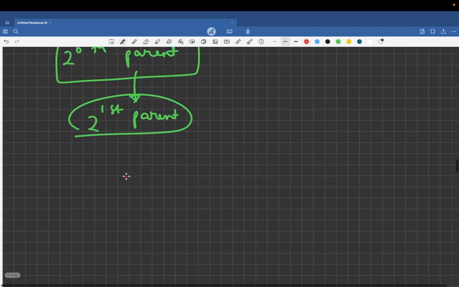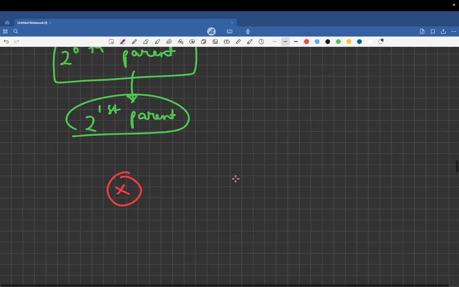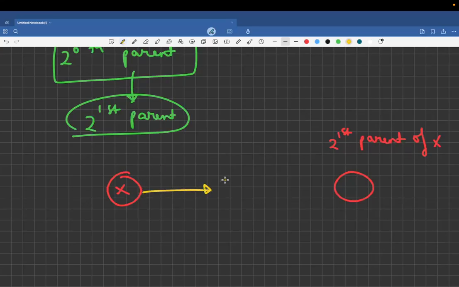Let's suppose I have node X and I want to reach the 2 power first parent of X. Can I say the 2 power first parent of X is nothing but the 2 power 0th parent of the 2 power 0th parent of X?